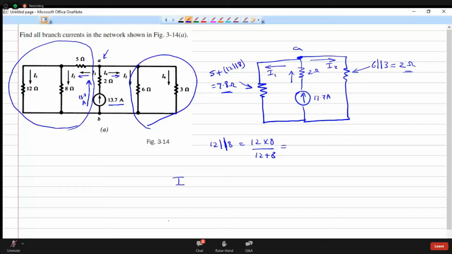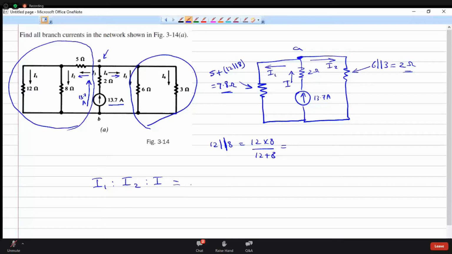Current divider rule. Okay, you can use that rule. So I1 is to I2 is to I. Let me call this as I, which is equal to 13.7 ampere.